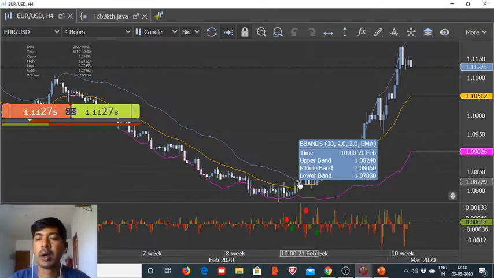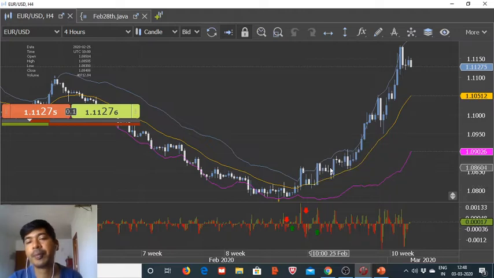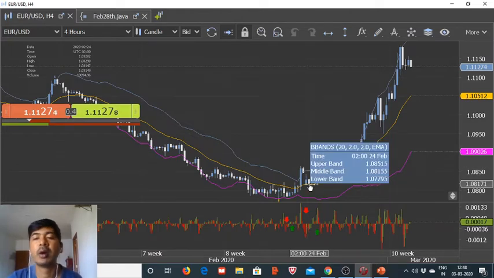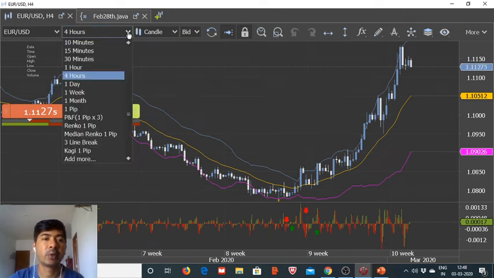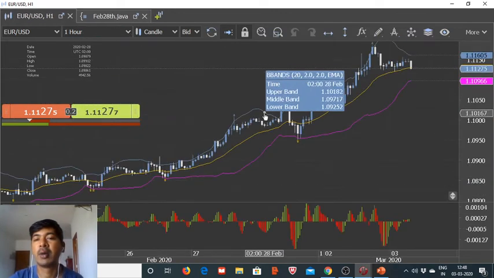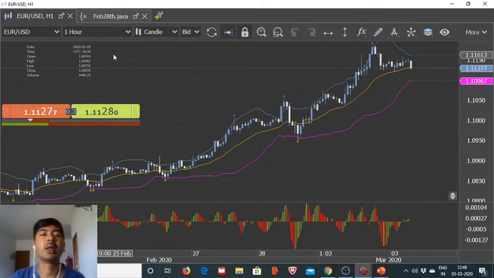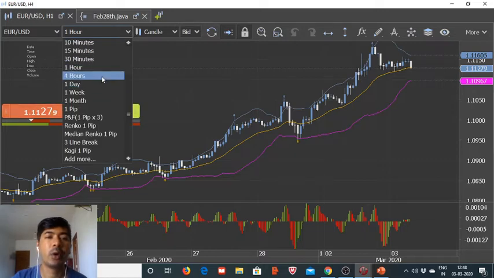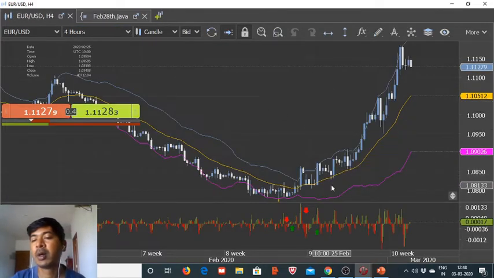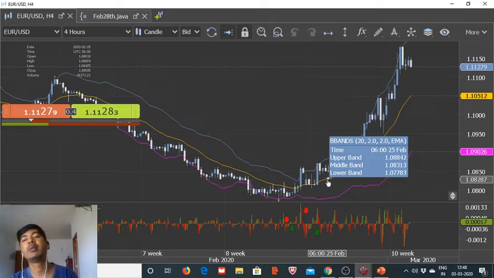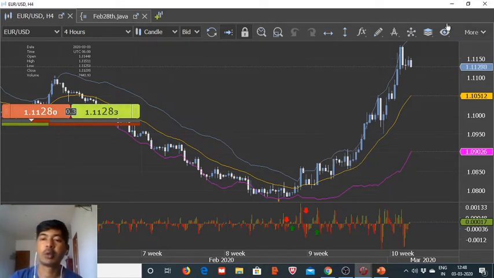So though we are using this middle band of the Bollinger Bands on the 4 hourly time frame, we will continue to stick with using hourly candle close only. So the algorithm will check whether the last hourly candle close is above or below the middle band of the 4 hourly time frame, and I think that should also work fine.